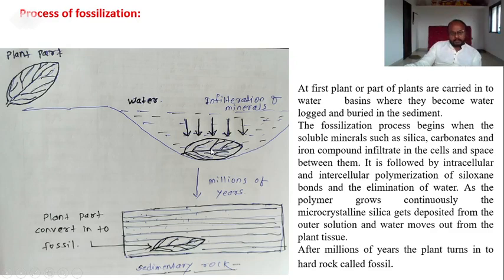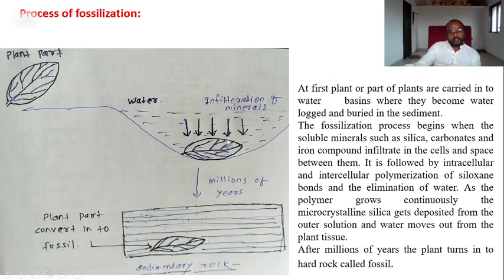When they reach the bottom of the water body, the process of fossilization starts. The minerals present in the water, in the form of silica, carbonate and iron, start to infiltrate into the leaves. This is followed by intercellular and intracellular polymerization of siloxane bonds and elimination of water.